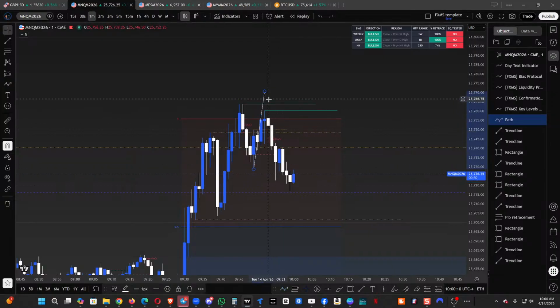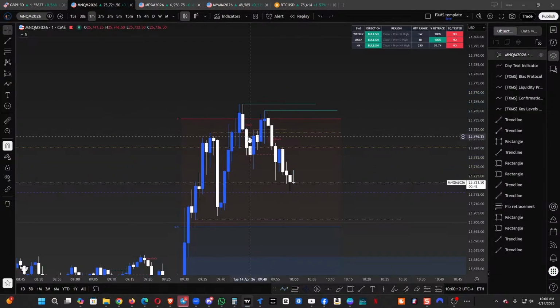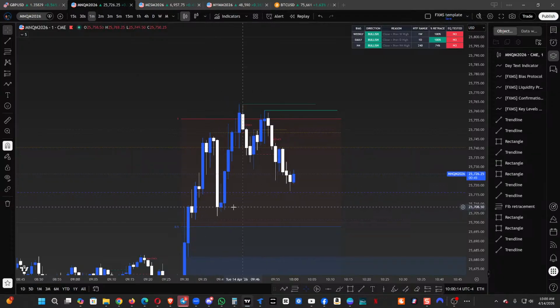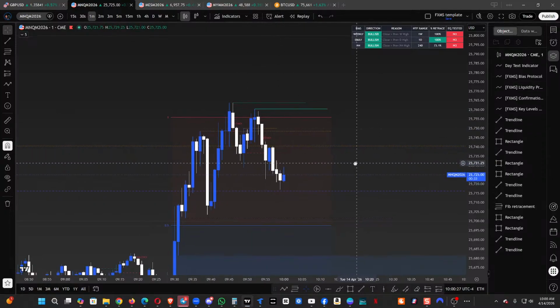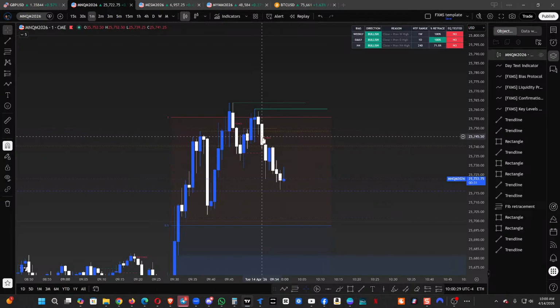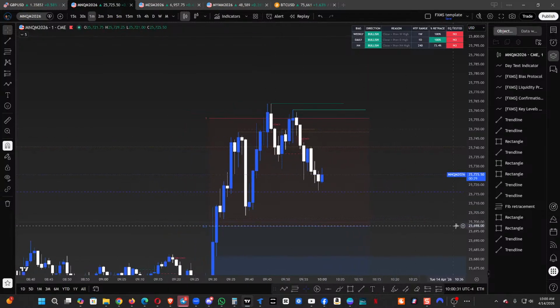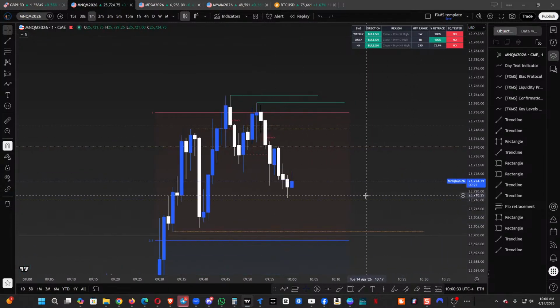So we didn't do that. For me, technically the change of character should actually be down here, in this swing, because this is the swing that comes up and takes out that high. So this is just the indicator seeing this as a swing high being taken out and then traded through, which is why it's showing us that. And also there's an imbalance here. But you're correct. Okay, thanks.